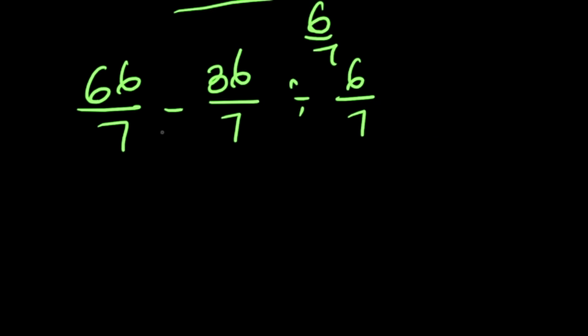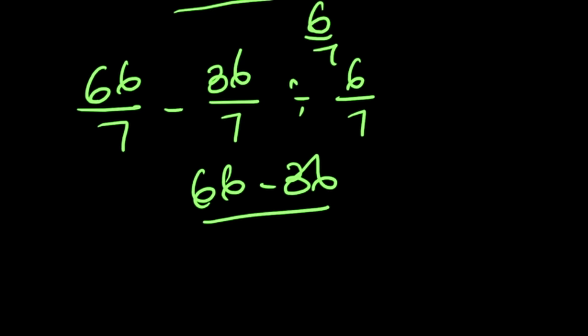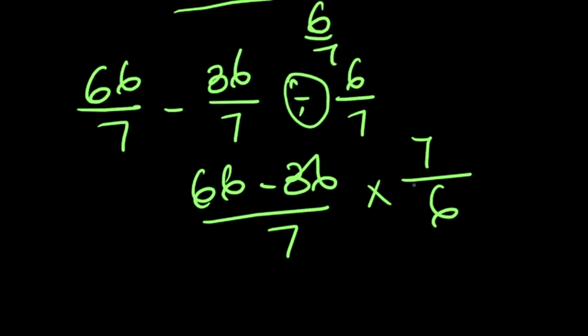Since I have a common denominator here, we can simply subtract them. So we have 66 minus 36 over 7. And now we can take the reciprocal of this. So we now have times 7 over 6. When you take the reciprocal, you simply change the sign from division to multiplication.